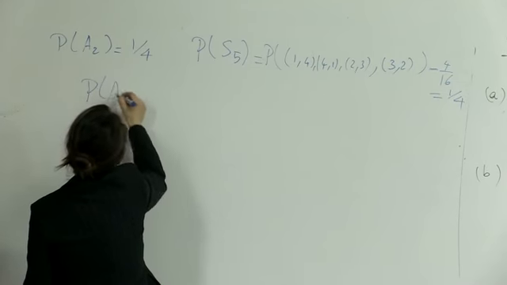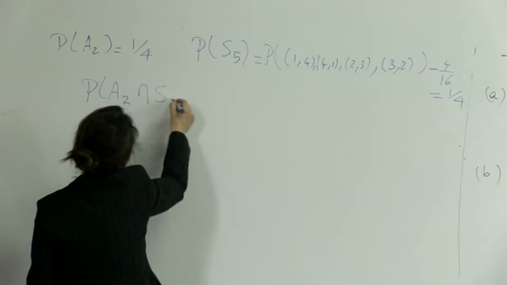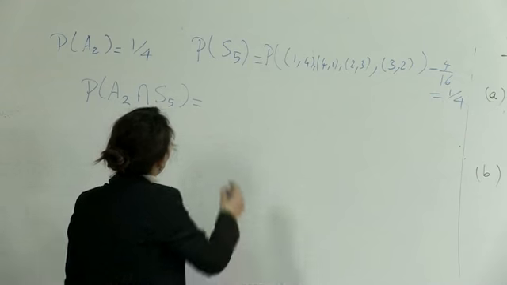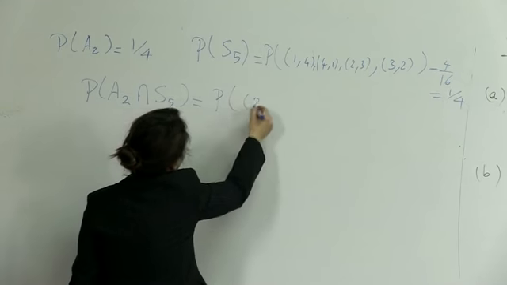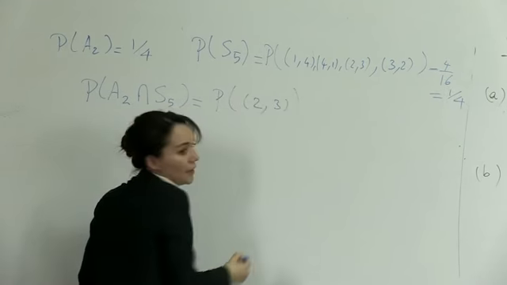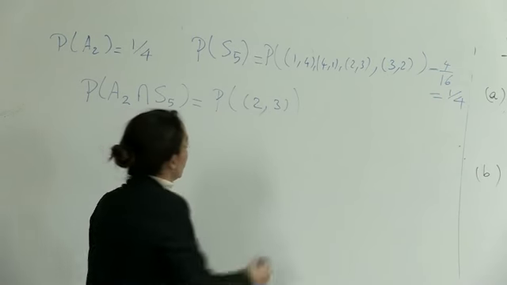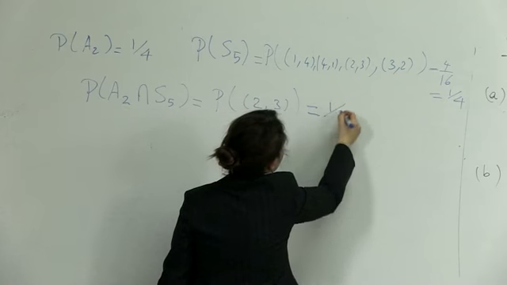What is the probability of A2 and S5? The first roll is 2, and they add up to 5. It includes just one outcome, which is 2,3. The probability of that is 1/16.